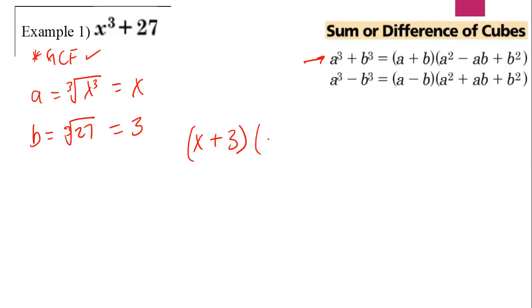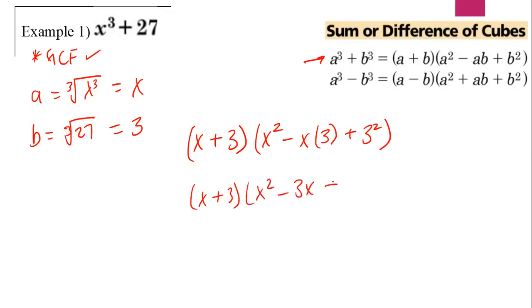So A squared is X squared, minus A, which is X, times B, which is 3, plus 3 squared. This is X cubed plus 27. Then we clean it up. So we have X plus 3 times X squared minus 3X plus 9.